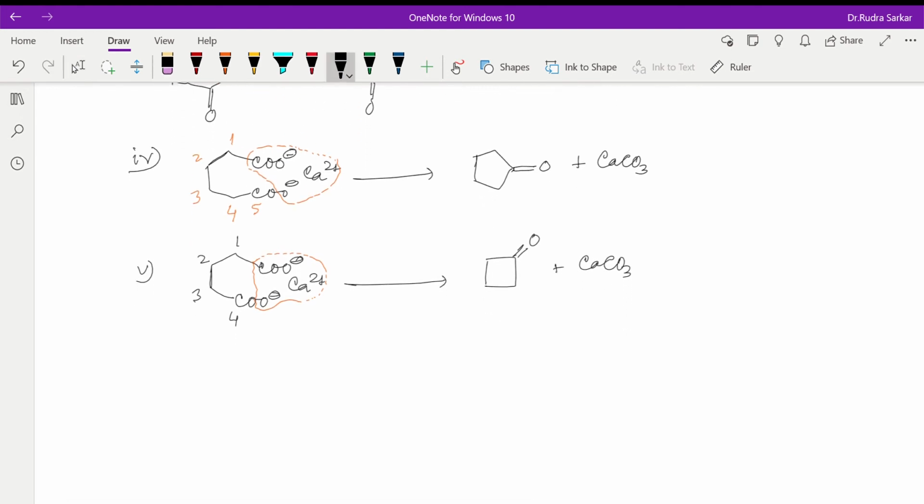Okay, the next topic. So this is basically one thing that you have to understand, that we are basically losing one carbon from here.